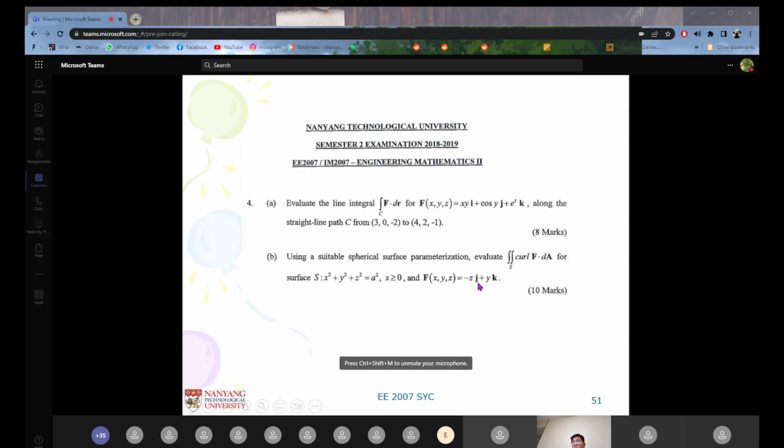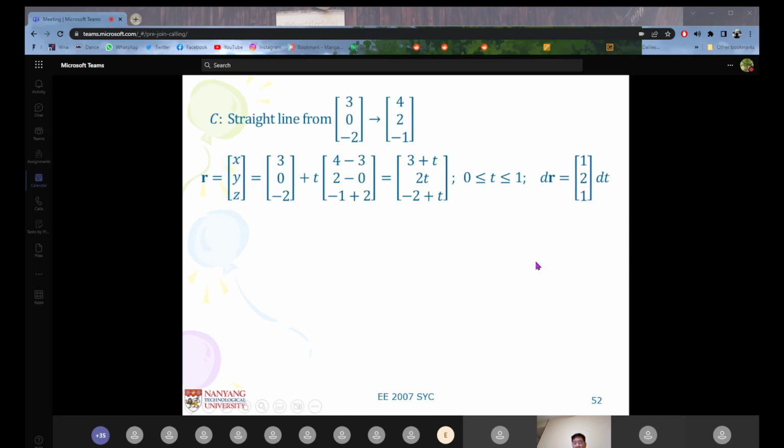And the vector field is given. Yeah? So you need to compute the curve, because if you want to compute the flux, you have to compute the curve. Yeah? So straight line from this point to this point here, and this is how we parameterize it, right? I've told you, right? This is the general directional vector, which is x, y, z. I'm going to parameterize it in terms of V1, where V1 is the initial point, plus t times V2 minus V1.